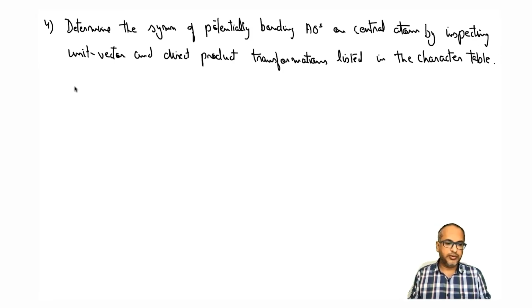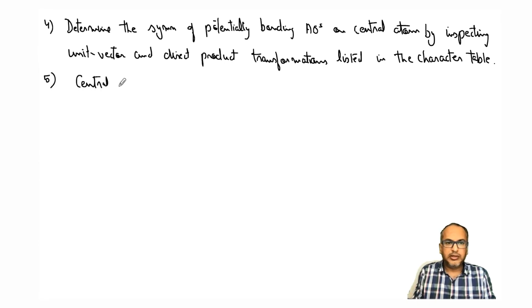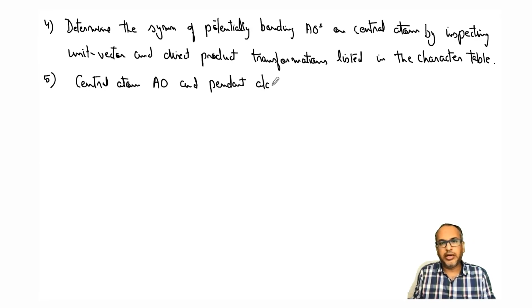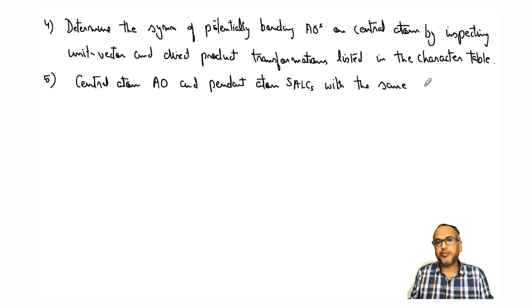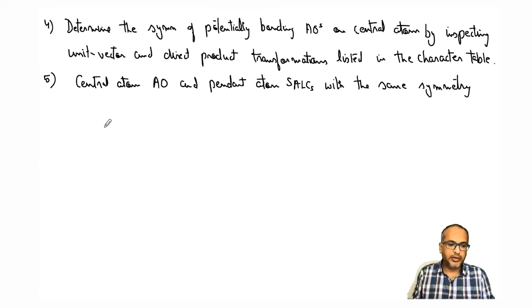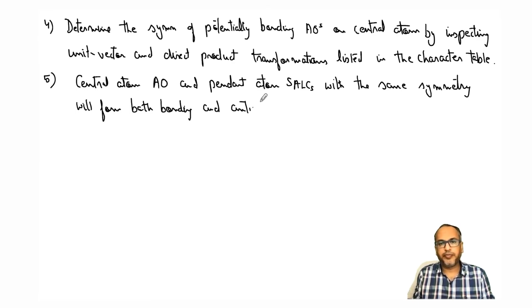So the next step would be: central atom atomic orbitals and pendant atom SALCs with the same symmetry will form both bonding and anti-bonding MOs.